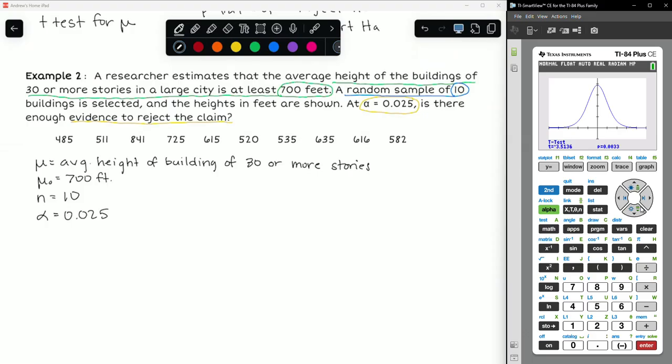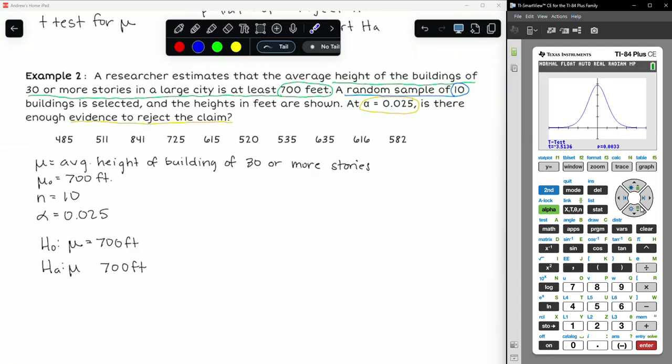I'm going to go ahead and state my hypotheses. I have a null, I have an alternative. I know that my null, I have mu equals 700 feet. I know that my alternative is going to use that same parameter and that same value. I now have to figure out the inequality.